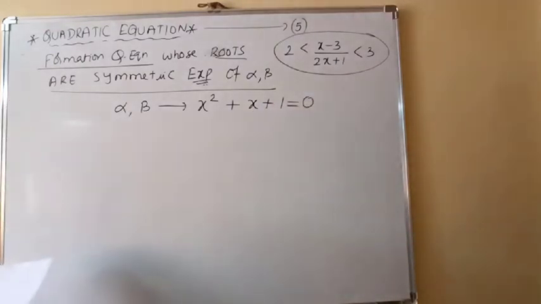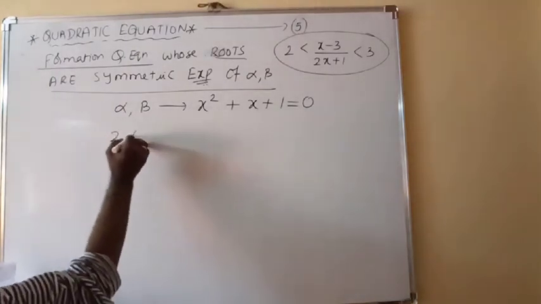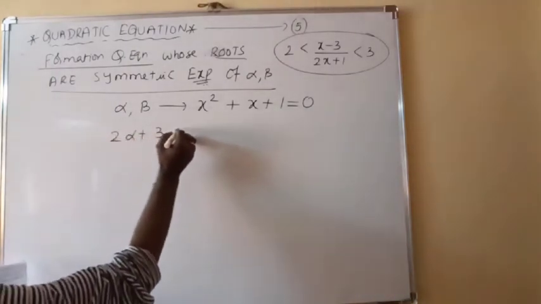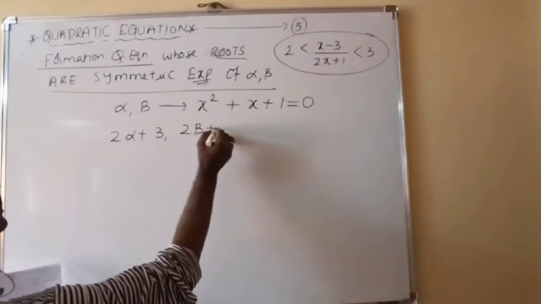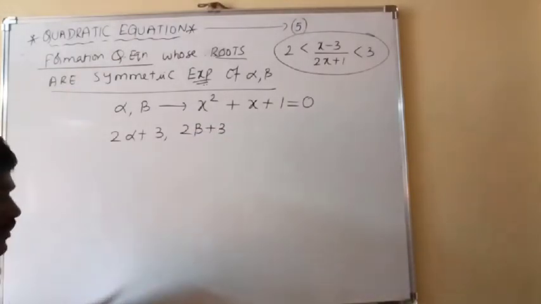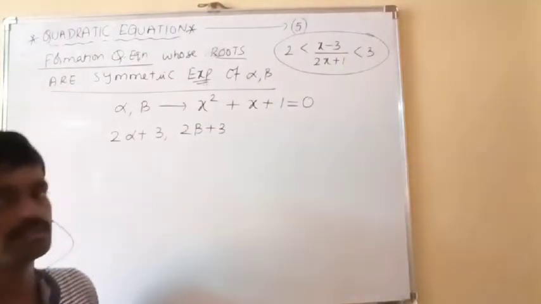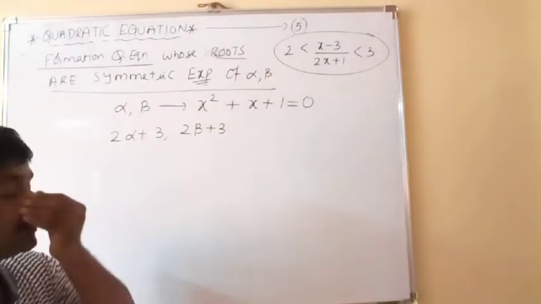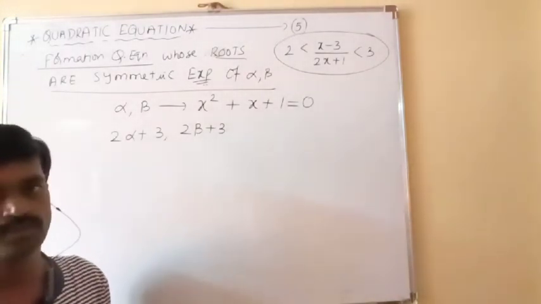Then we have to find the quadratic equation whose roots are 2 alpha plus 3 and 2 beta plus 3. For this, different methods are there.